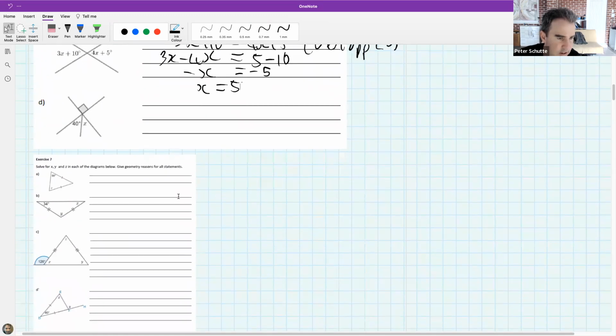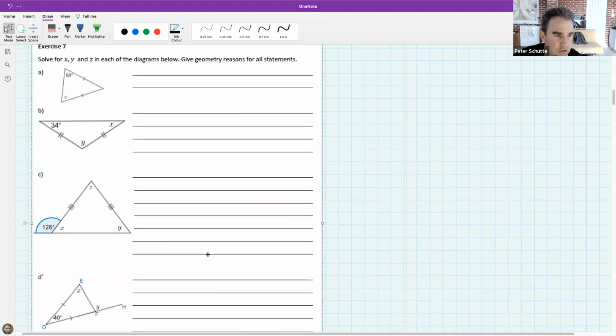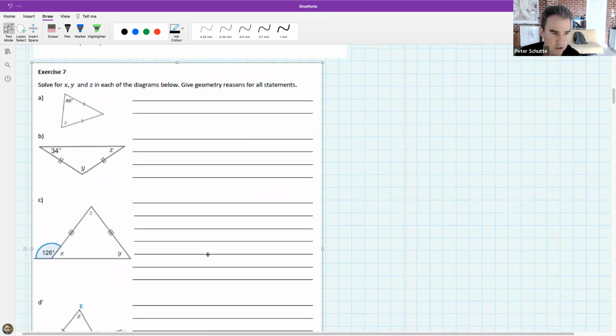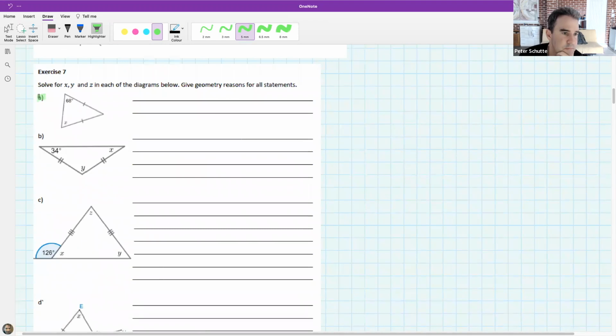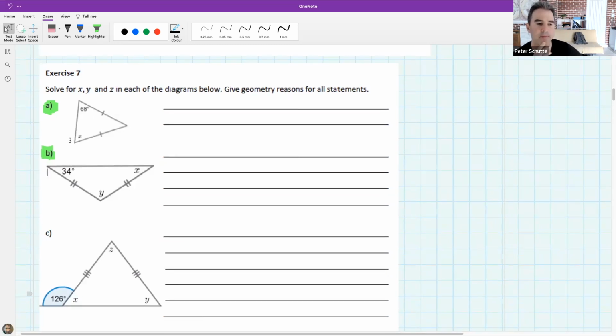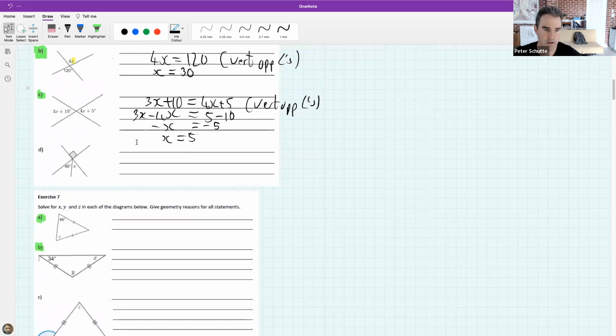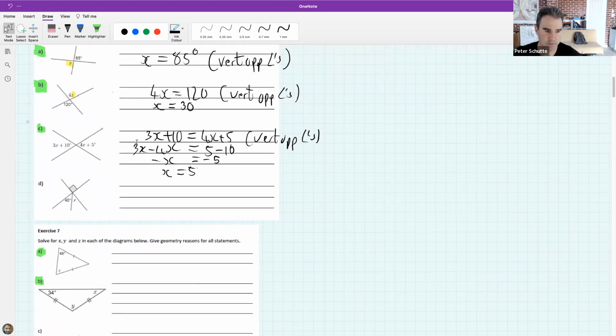Let's go on to triangles. So I want everyone to do A and B for me. Now, you're given a triangle or two triangles, and I want you to try and find the X and the Y for me. Can I go back? Let's have a look. How about that? Is that helpful?